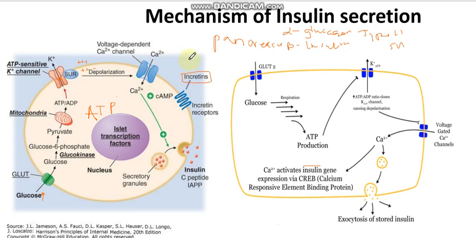So, in the case of high glucose concentration, the body helps in insulin production as well as in the secretion of insulin, and incretin inhibits glucagon, because when we have high glucose in the blood, there is a need for us to secrete insulin and not glucagon. So that's how basically insulin is secreted in the pancreatic beta cells.